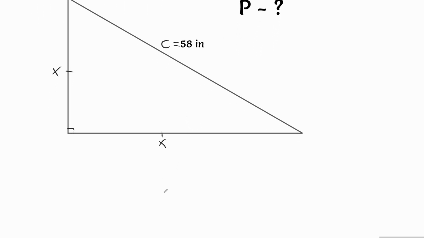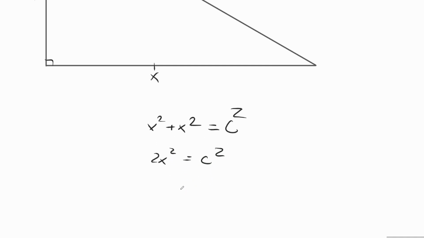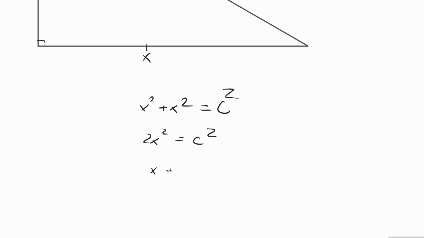So we can write down the Pythagorean theorem. x squared plus x squared equals 58 squared. In our case, let's write it as c squared for now. So that means that 2x squared equals c squared. That means that x equals square root of c squared over 2.